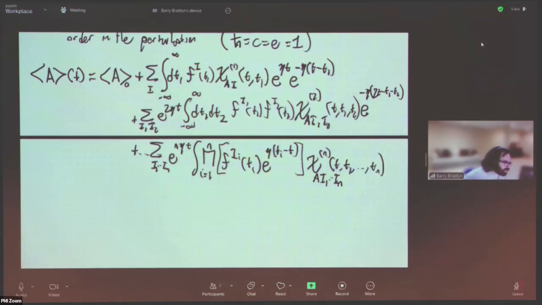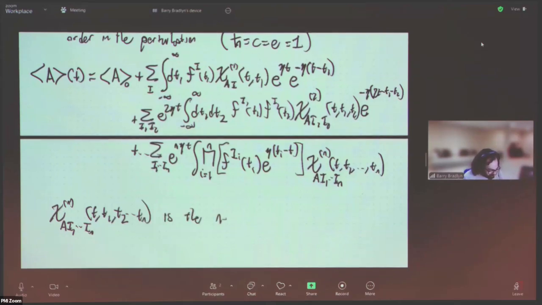So these functions, chi n, are known as our response functions. They're the things that quantify how the system responds to the perturbation. Chi n of t, t1, t2, all the way to tn is called an nth order response function.